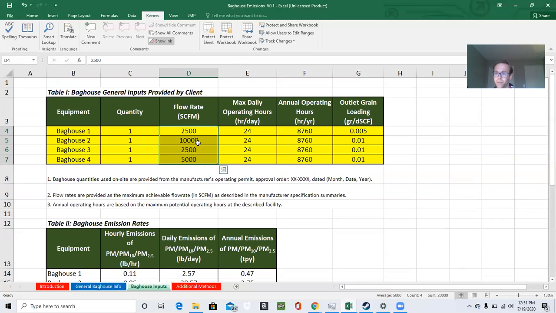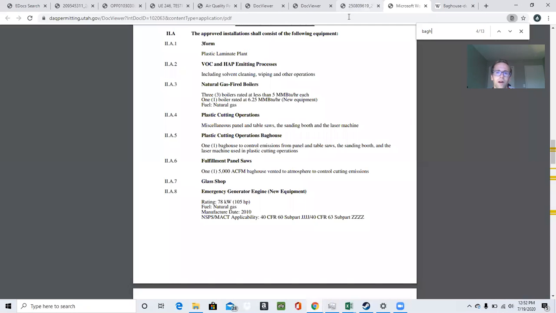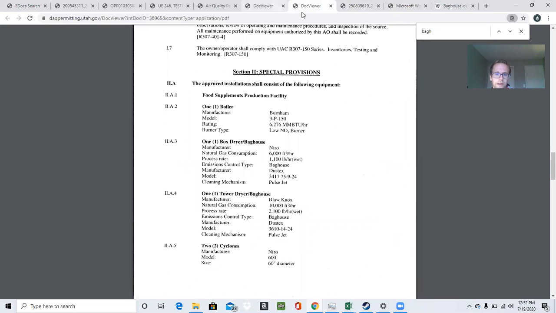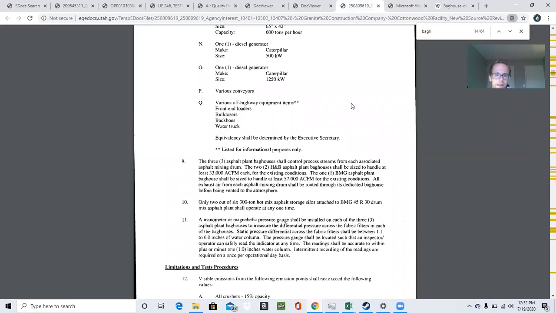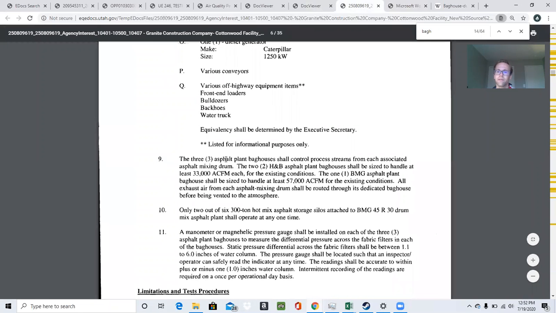So if you're a cement plant, for example, you could have a baghouse that's sized as high as 50,000 CFM. An example of this we pulled up online. This is public information. We just pulled from the Utah permit search. So if we go through here, there's a client that has been using 3 different baghouses to control process streams for their asphalt mixing drum.